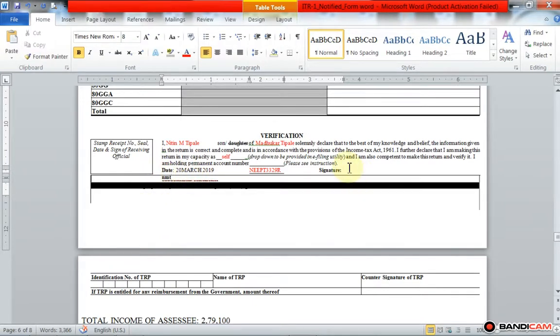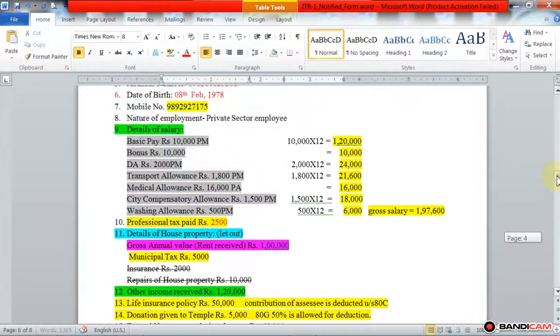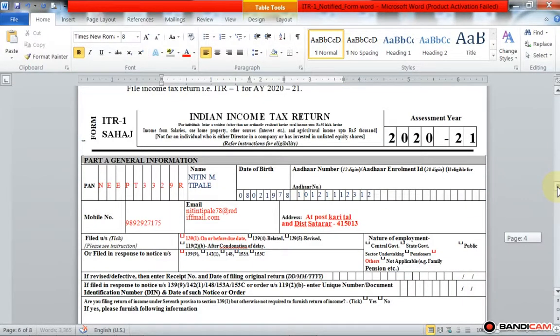Okay, so here is the signature of the SSC. Here we sign as NTM, Nitin Tipale. Got it? So here we fill the form. It is very easy to file an income tax return. Fill the appropriate income tax return, that is, the name of the SSC.